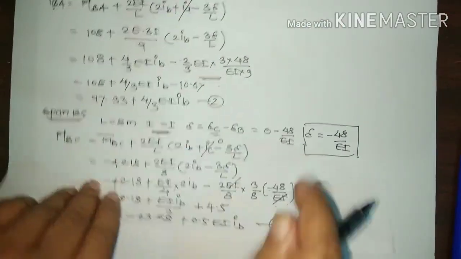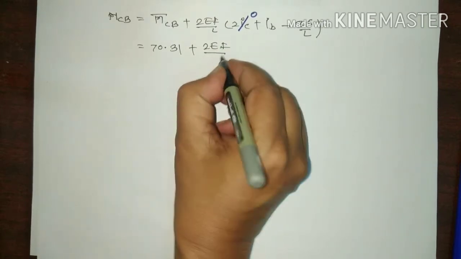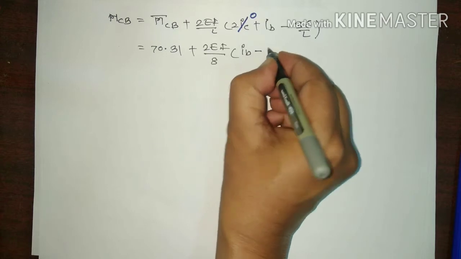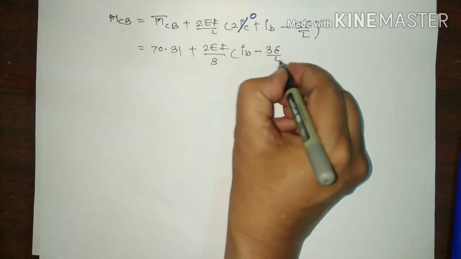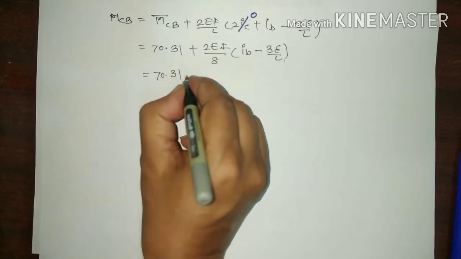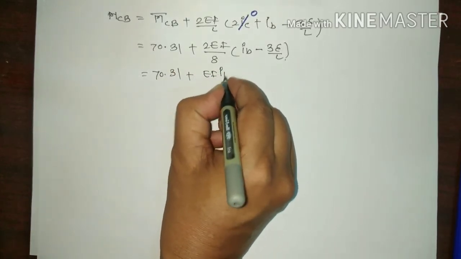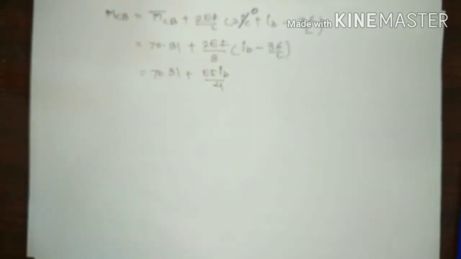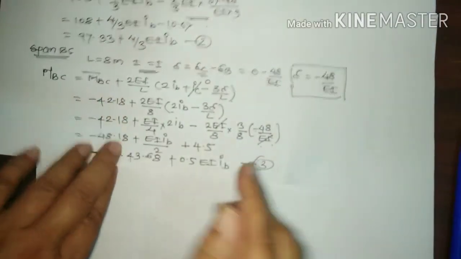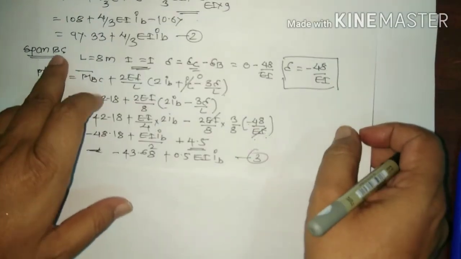So I divided by 8 into IB minus 3 delta by the L. Now put the value, it becomes 70.31 plus the EIIB divided by 4, and always this value is same for both BC and CB.